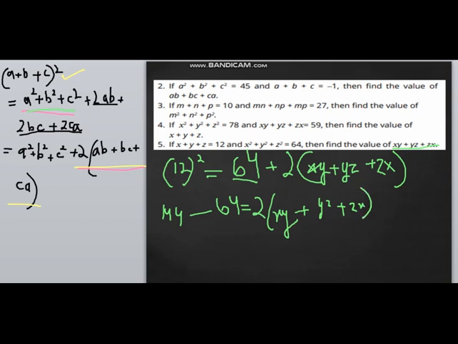Okay, so let's see what's 144 minus 64. Okay, so that makes 80.